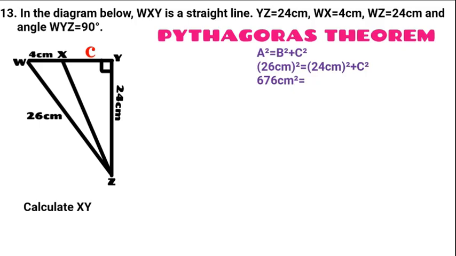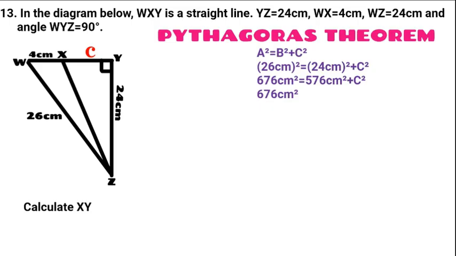And when we multiply 24 by 24, we're going to get 576 centimeters squared. Then we write plus c squared. At this stage I'm going to put like terms together. So I'm going to write 676 centimeters squared, then 576 centimeters squared.